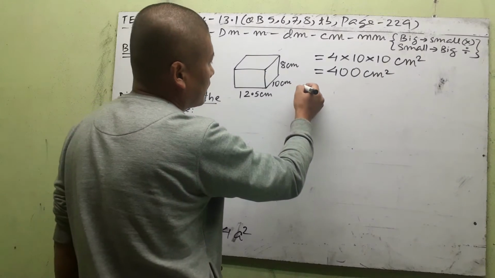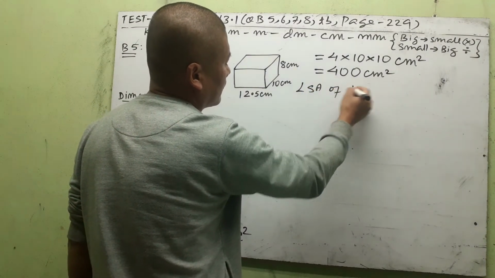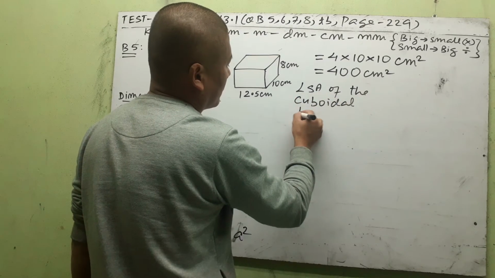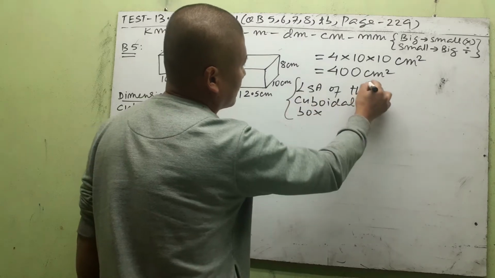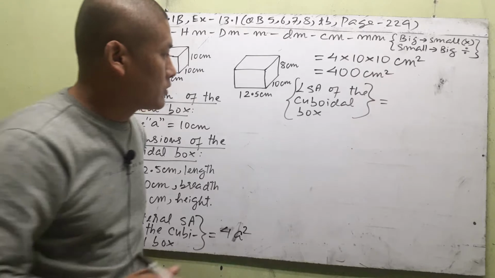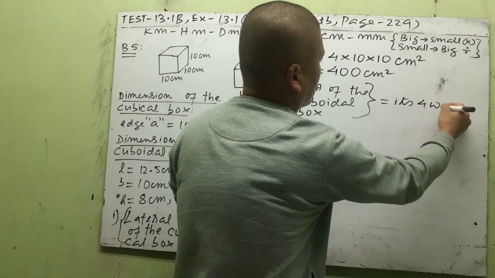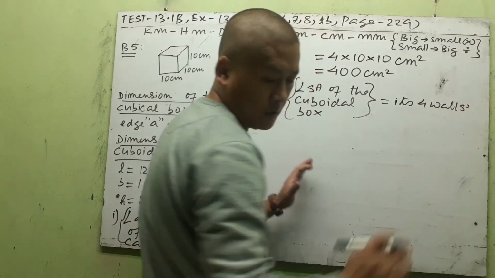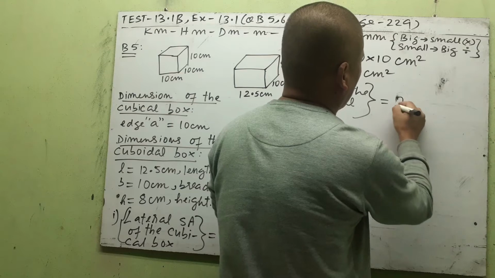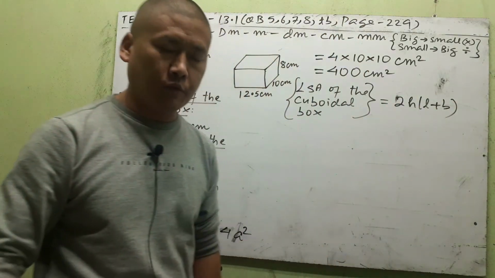Likewise, lateral surface area of the cuboidal box will be, yes, they're using cuboidal, so lateral surface area means its four walls area only, same thing. So twice h into l plus b for a cuboid.